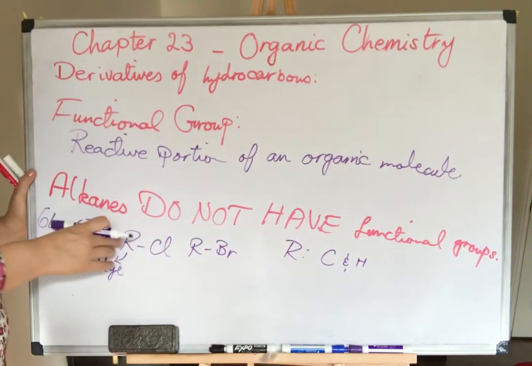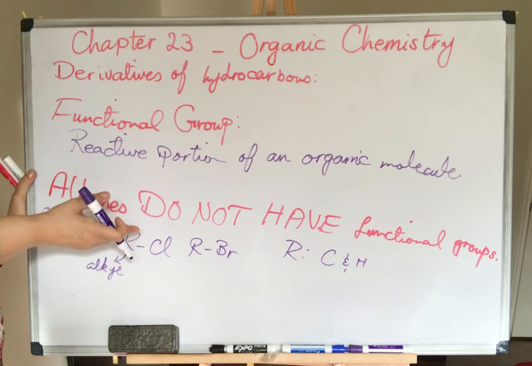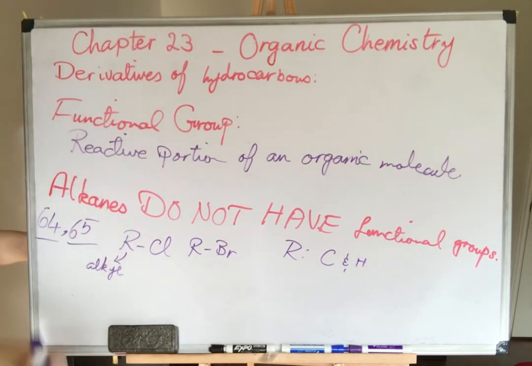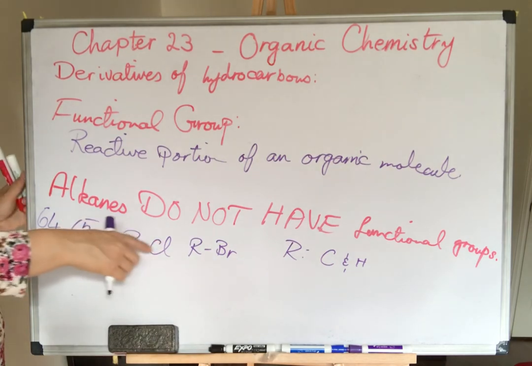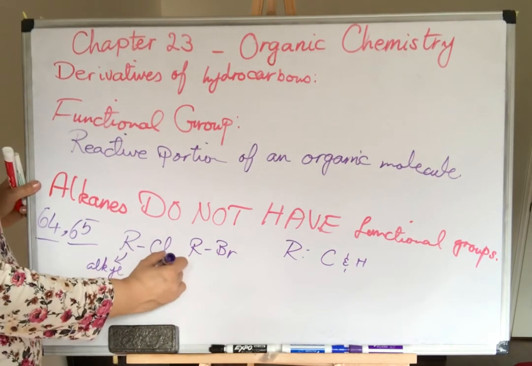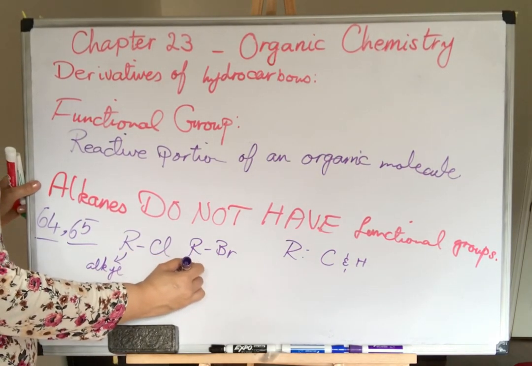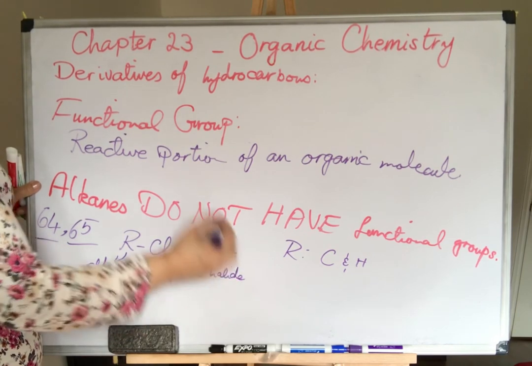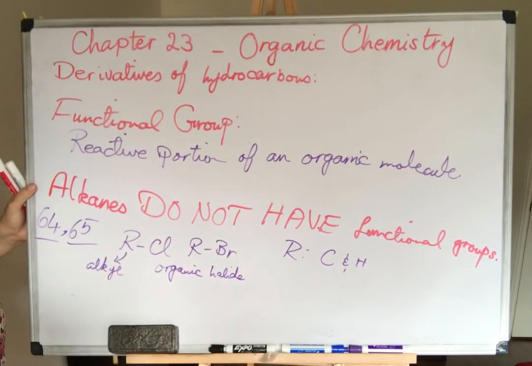It can be CH3Cl or a lot of carbons and hydrogens. So we just show it with R. So if you have RCl, RBr, you call it organic halide. Again, you don't need to memorize all of them. You have this table in the exam.